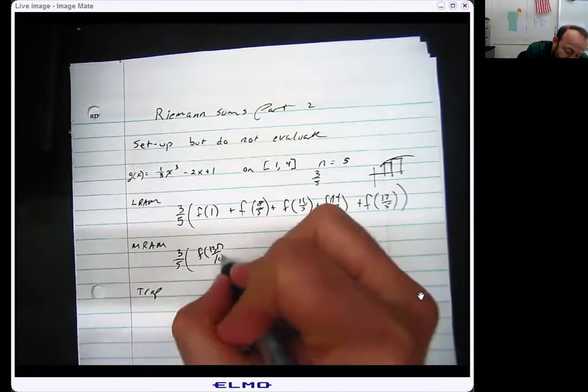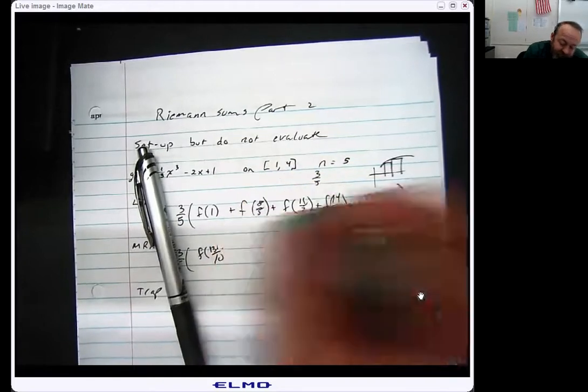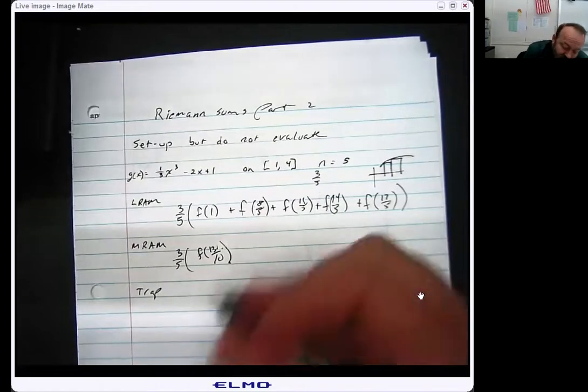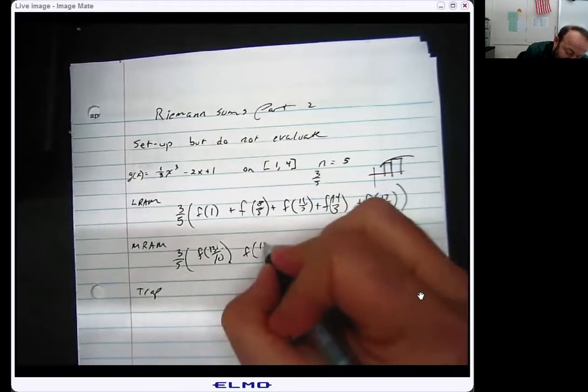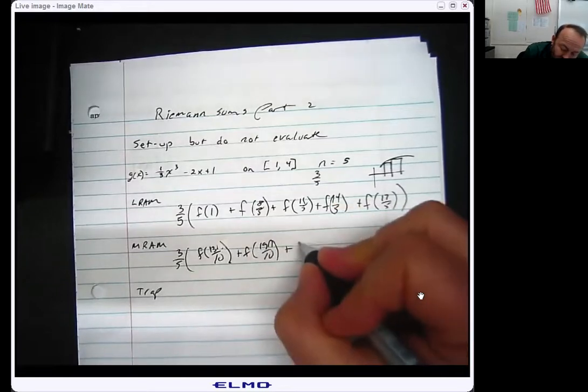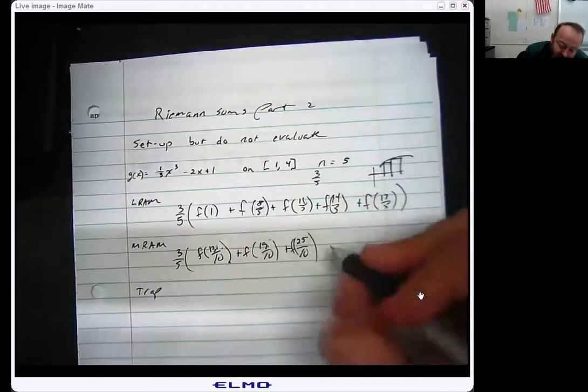I don't know why I put a pi in there. I guess I was just doing trig with my other class. That'd be 13/10. And keep in mind, if I move over 6/10, that would be 19/10, and then 25/10. I did the pi again, didn't I? I guess it's just because of the other class.